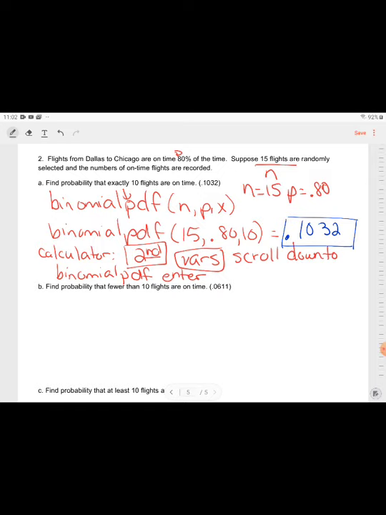Okay, find the probability that fewer than 10 flights are on time. Okay, fewer, that means we want the probability of x less than 10. Okay, don't include the 10. So this is called an inequality.